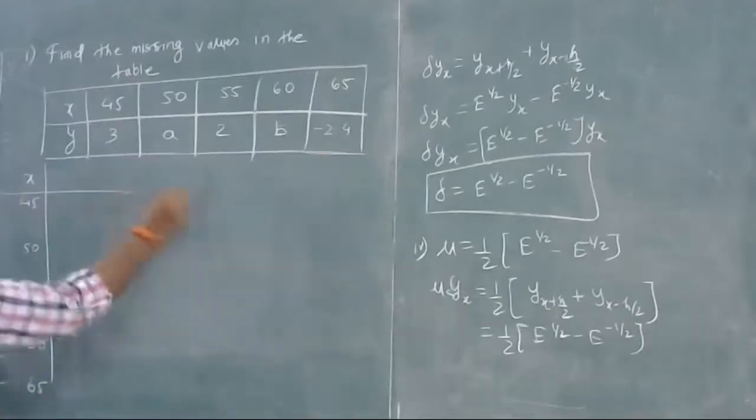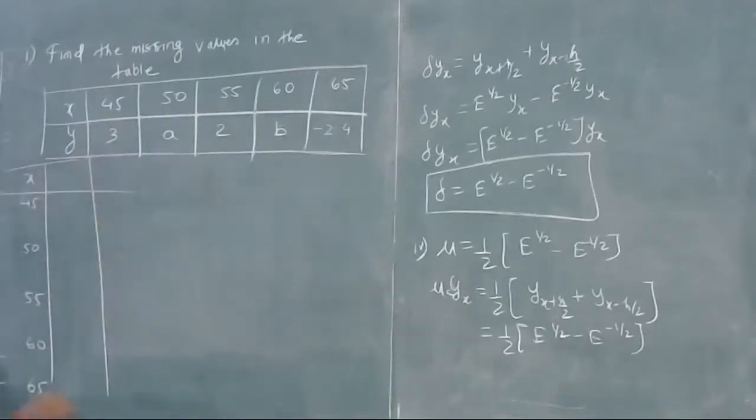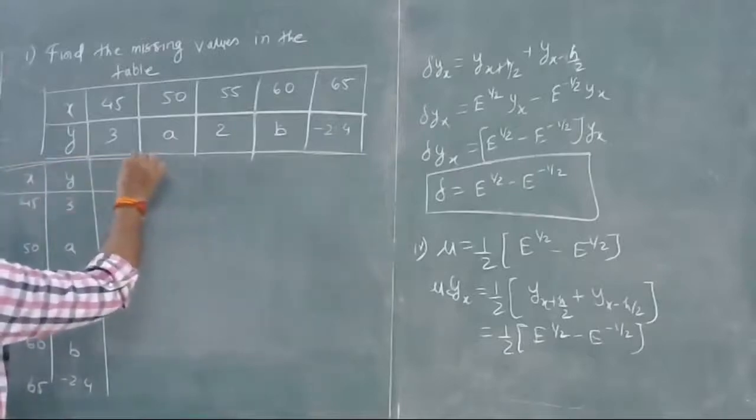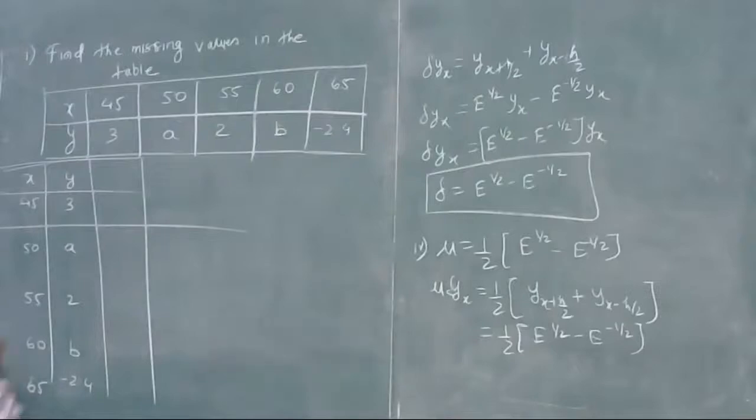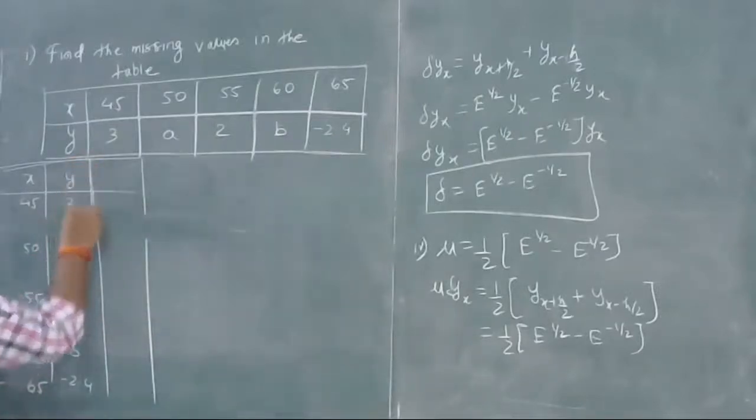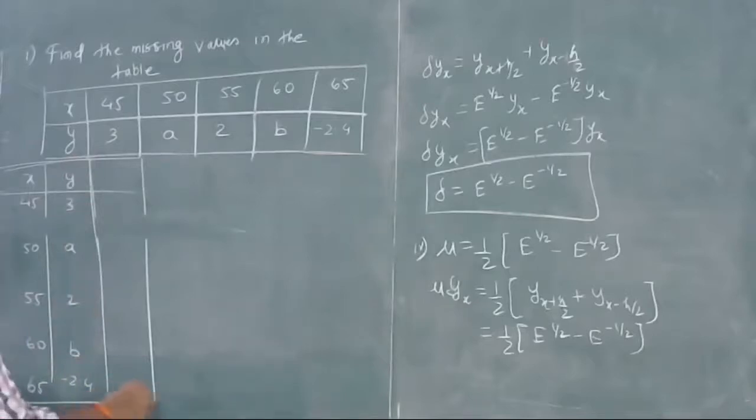Next the values of y: y is 3, unknown a, 2, b, and minus 2.4. Then we will find the first difference.